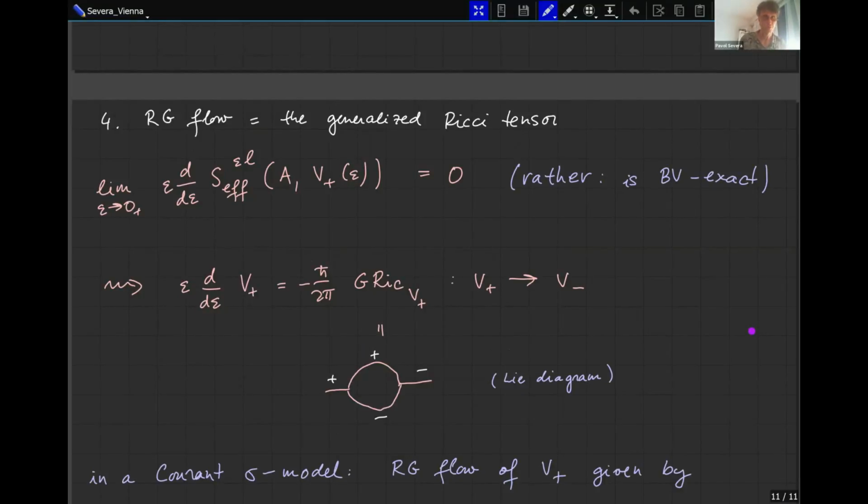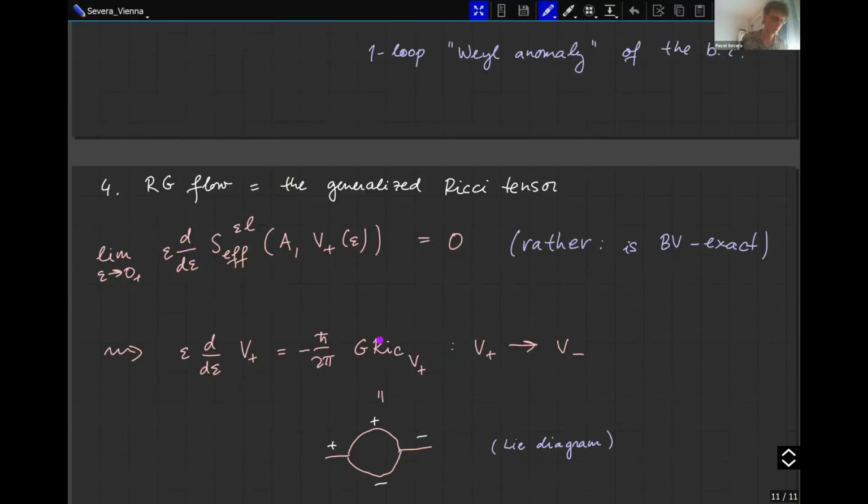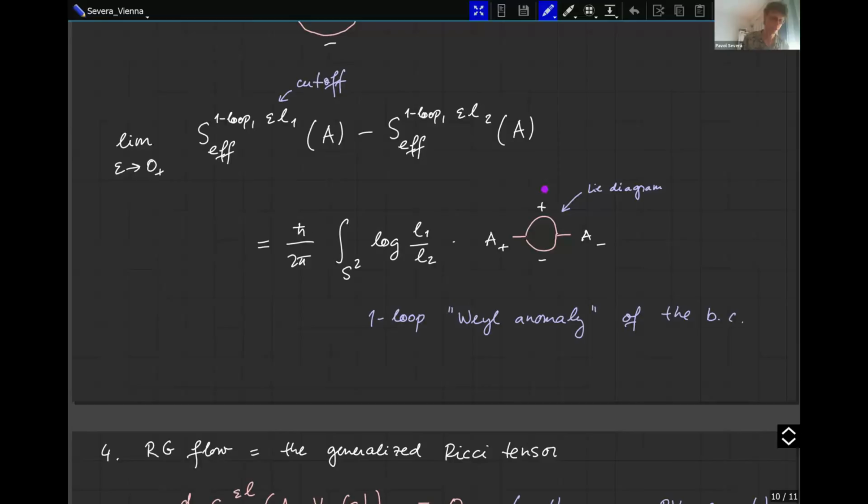It depends. As I said, I know nothing about physics, but still, I can speak about it. If you want it to be a conformal field theory, then this thing really has to be 0. It's not just for the renormalization group flow. The better thing to say is this Weyl anomaly. So we want this thing to be independent of that cutoff in the limit when the cutoff shrinks.